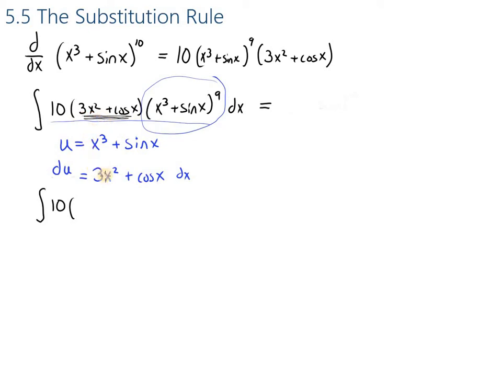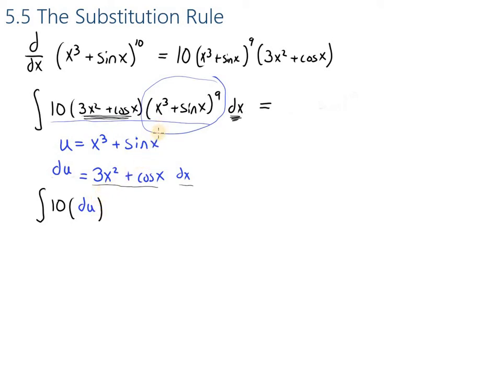I have a replacement for that, and actually I need 3x squared plus cosine x and also the dx over here. Those two pieces together get replaced by du. So I'm going to say the 3x squared plus cosine x and the dx, all of that turns into du. So I'm just going to fill that in as du. And close the parentheses off.